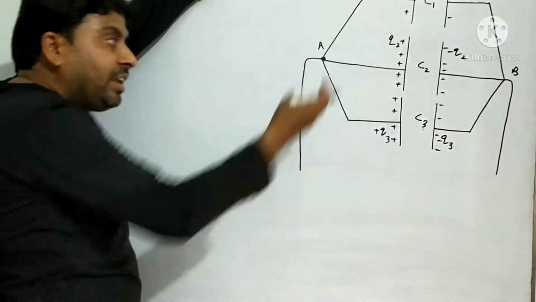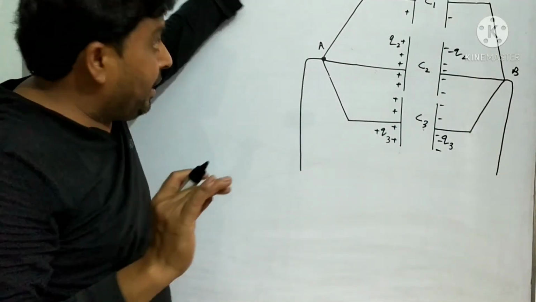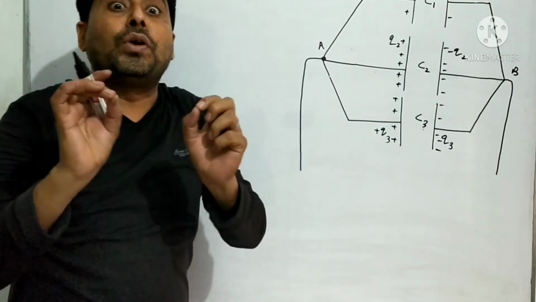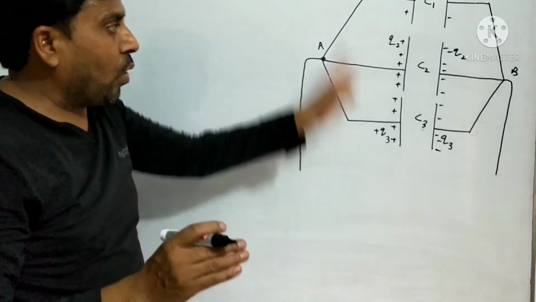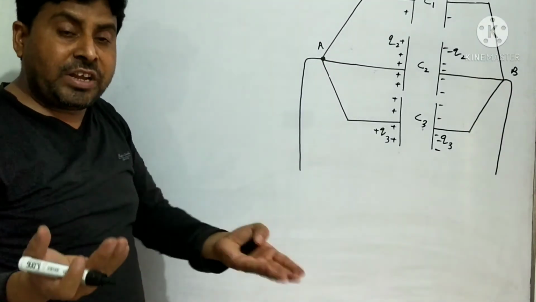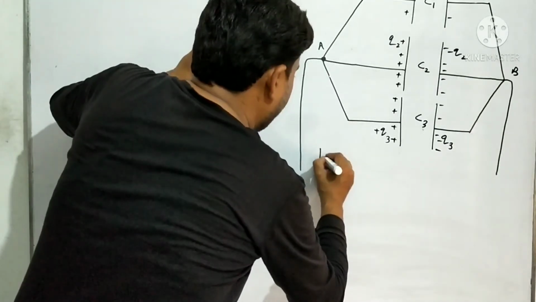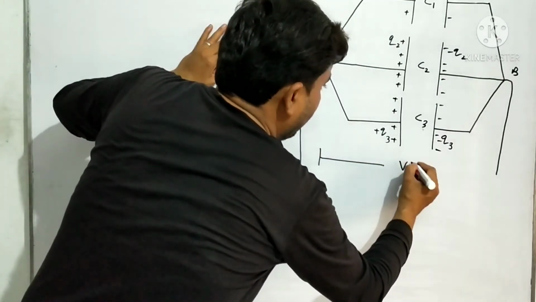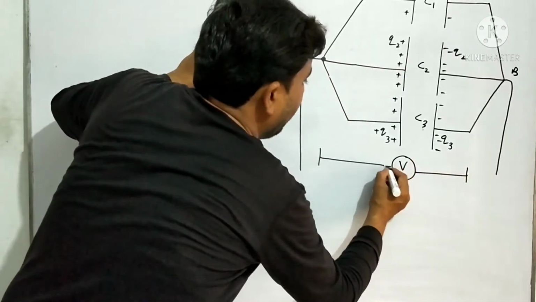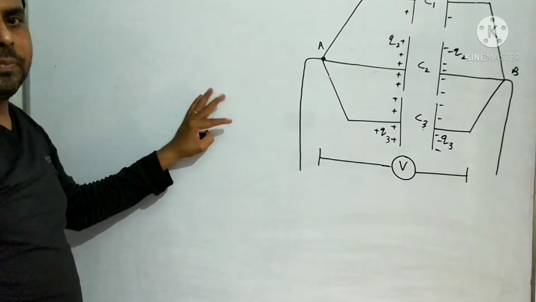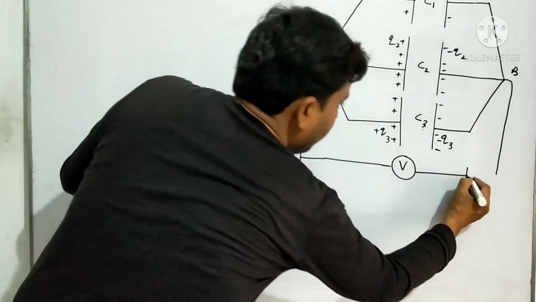So all three have individual charges. But the potential difference remains the same for all three, the same as for resistance in 10th standard. Between terminals A and B, the total potential is V. Clear?